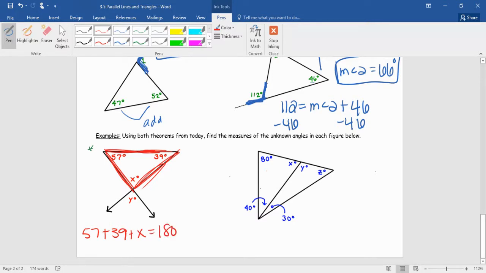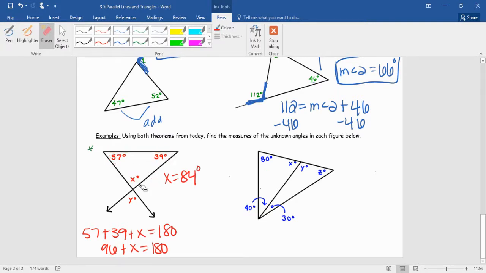So again, just like we were doing in some other problems, you're going to do 57 plus 39, which is 96. So 96 plus x equals 180. And then we're going to subtract that 96 from both sides to figure out what x is. So 180 minus 96 is 84.